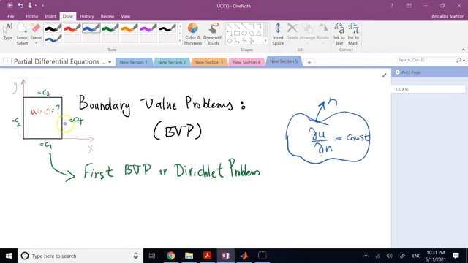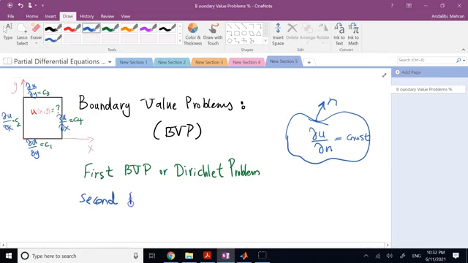So for example here, since the normal on this edge and this edge are along the x direction, the derivatives of u with respect to x are fixed at these two boundaries, and on these two, the normal is y, so the derivatives of u with respect to y are fixed. If that happens, then we call it the second BVP problem.